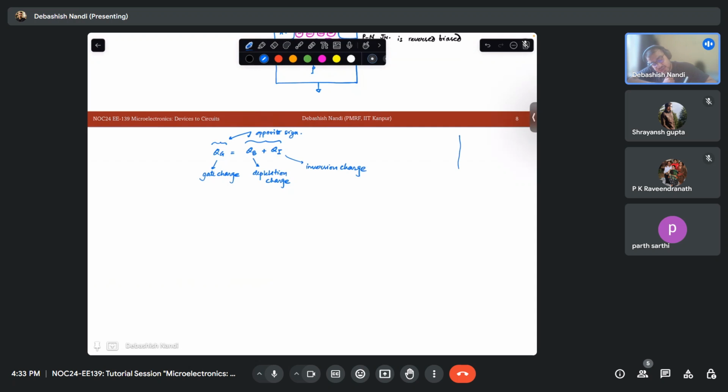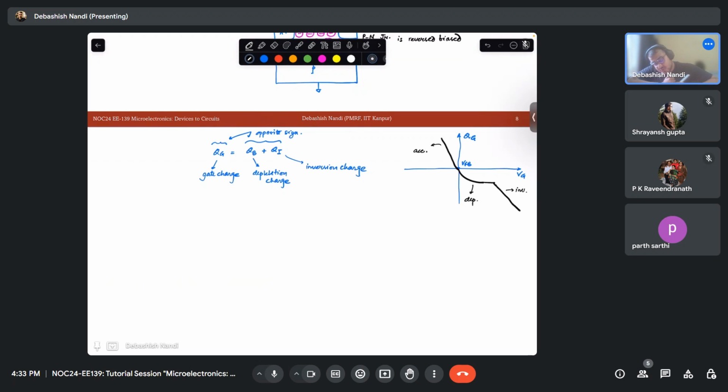So basically, if you draw the charges with respect to VG, so this is, let's say, VFB point, and this is QG, let's say. So you will have something like this. This, then this, then this. Okay. So this region is your accumulation, this region is your depletion, and this region is your inversion.